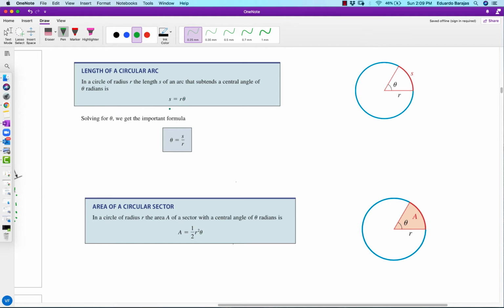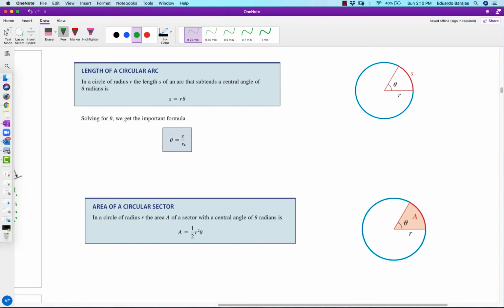In particular, if you divide both sides by r, we get that theta equals s over r. So if we have any circle, not necessarily the unit circle, then the angle theta is equal to the length of the arc s divided by the radius r. So we get s over r.